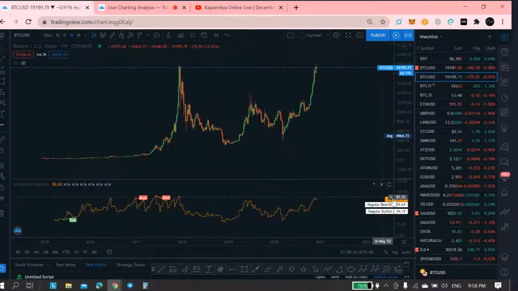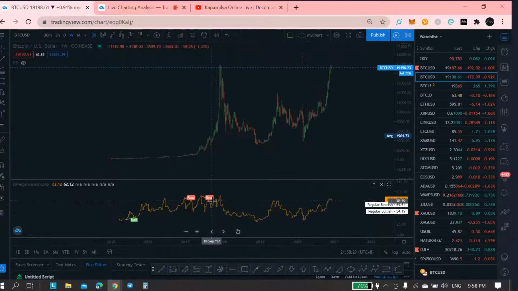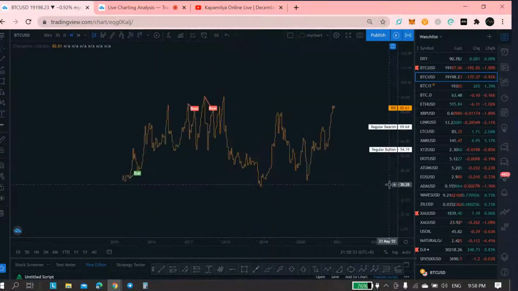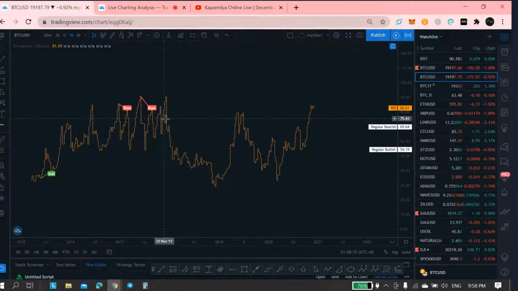just look at the RSI itself. It's already at overbought area. However, if you look at the divergence indicator, I mean, the highest is actually 90.91, and this one is, wait, let me just see which is the highest here.